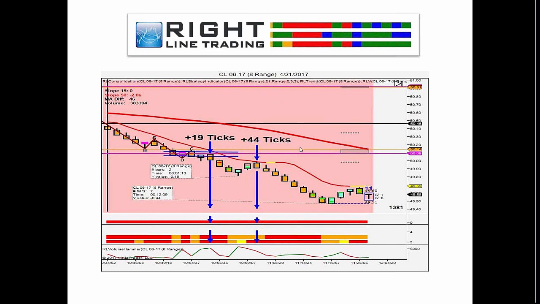The 2 higher time frames are heading down. 3 higher time frames are assessing momentum and order flow to take us to the downside, and we're down for 44 ticks.